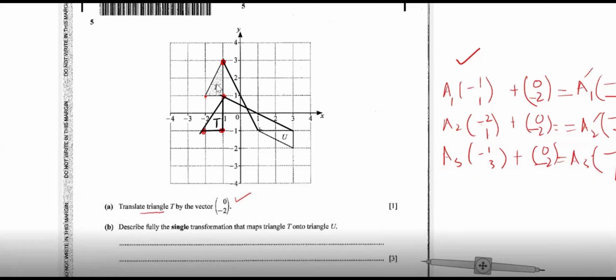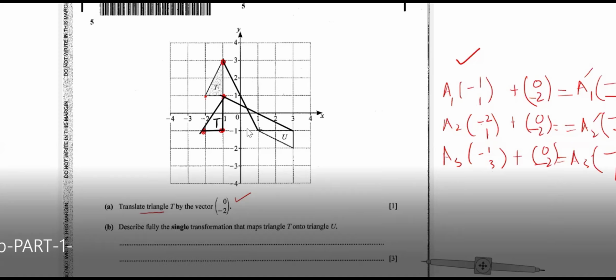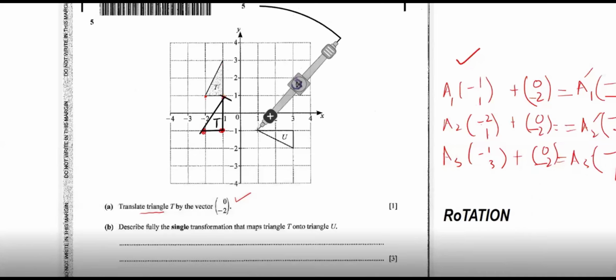To find the center of rotation, we will draw the perpendicular bisectors of these lines. Firstly, we will draw the perpendicular bisector of this line, and next we will draw the perpendicular bisector of this line. Where these two perpendicular bisectors meet will be the center of rotation. Look here.